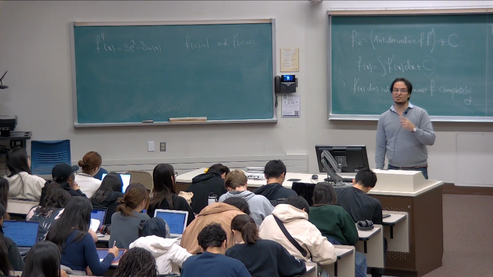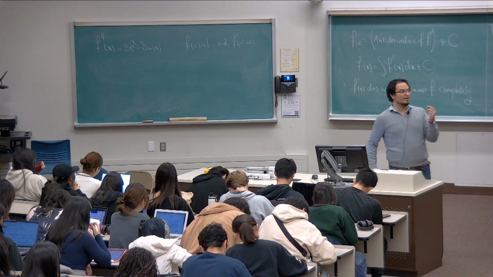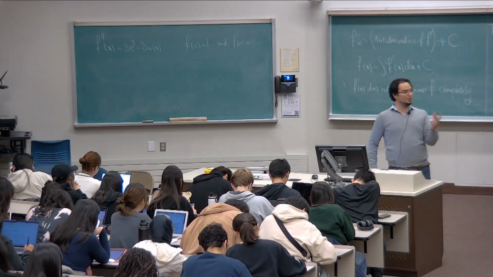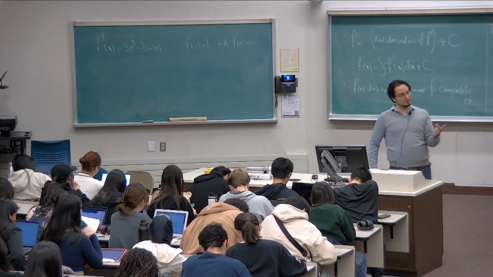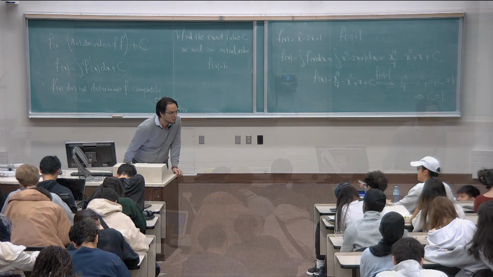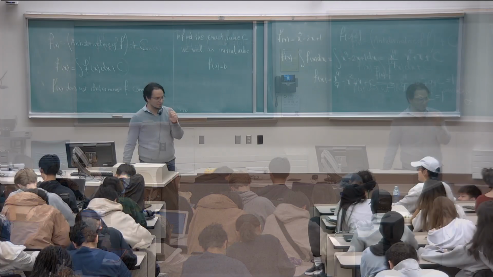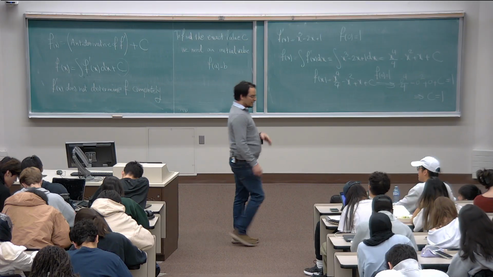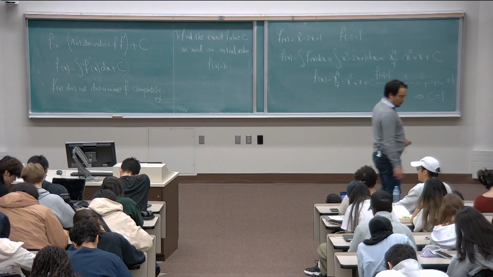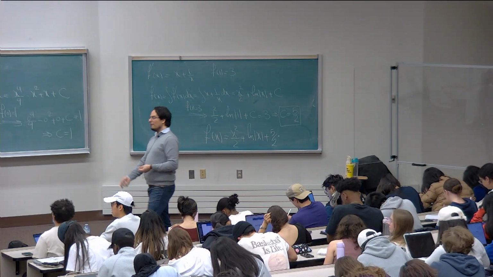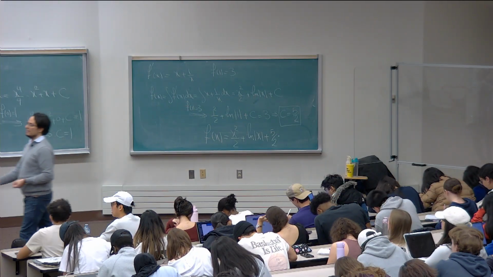Each integration will generate one arbitrary constant c, and we need at least two conditions, two values, to be able to find them. Now I'll give you 1 minute. After that discussion it should be straightforward. You're trying to find first f prime, then f, and use the conditions to fix the constants.